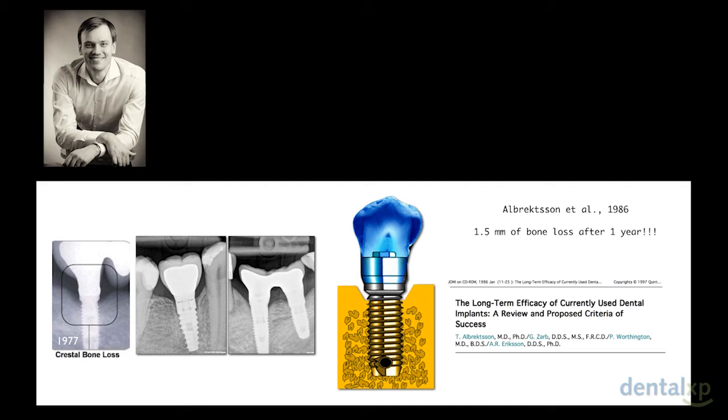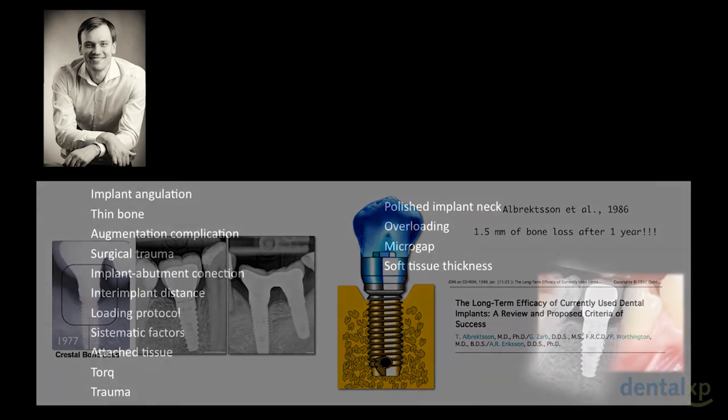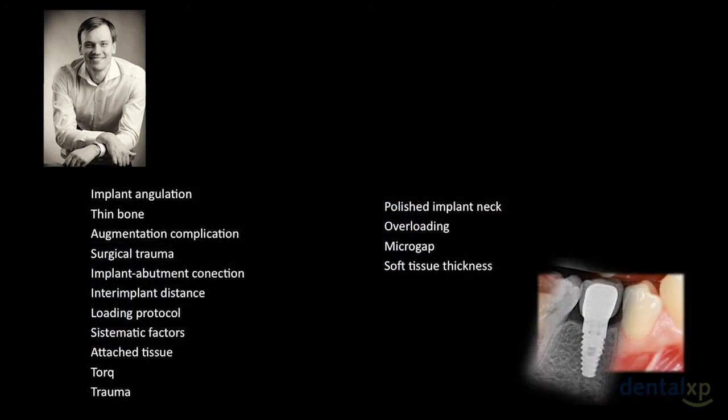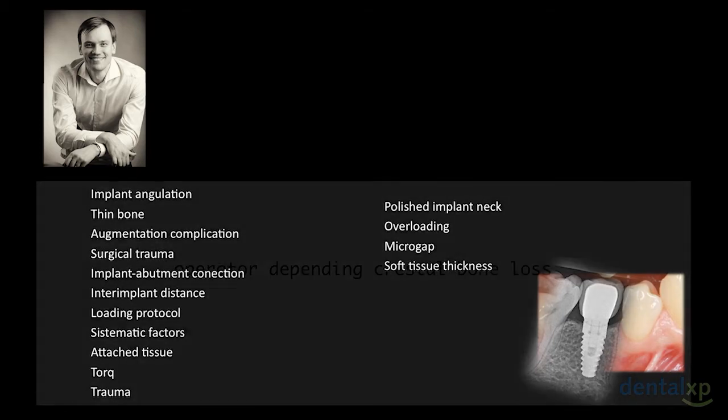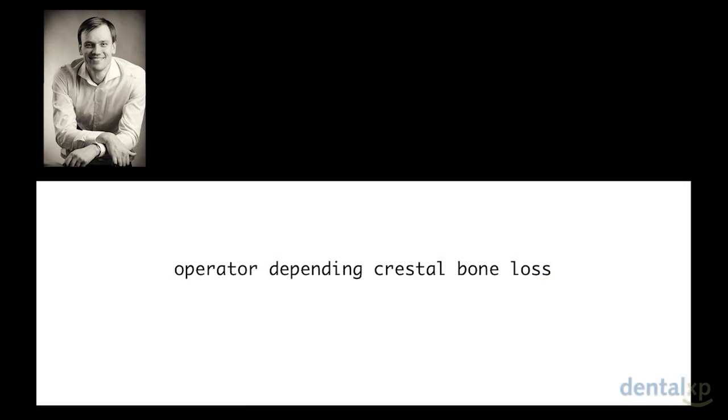We should do much better than this. Well, of course, there are really many factors which influence crestal bone loss around implants. But we are not going to talk about all of them, because the majority of them are operator-dependent crestal bone loss.